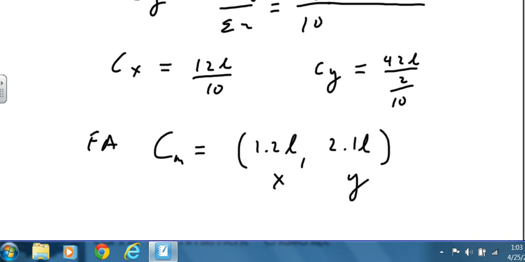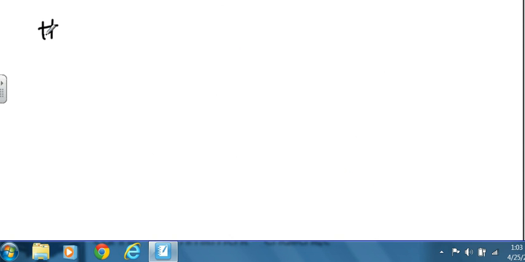I'm now looking at number 71. I have bumper cars and mass of car A. Okay, so I have mass of car A, mass of car B. I have velocities.